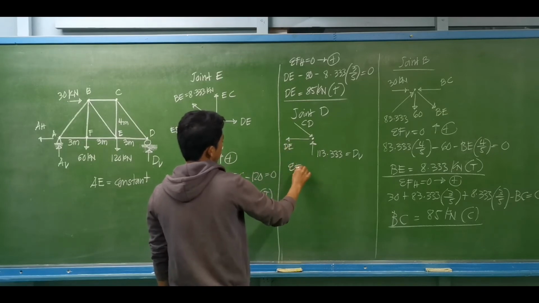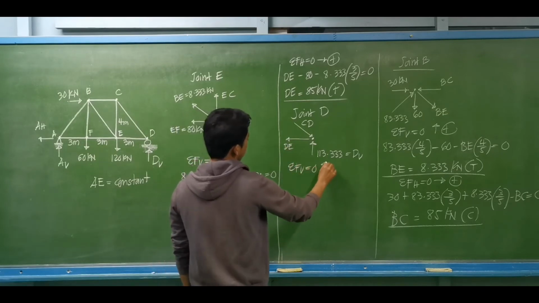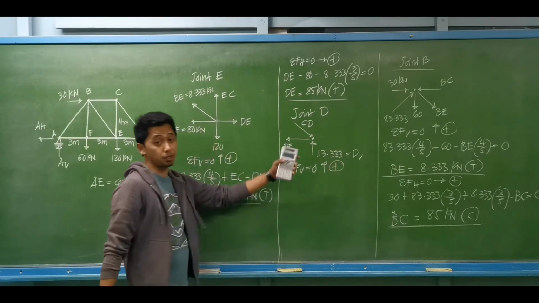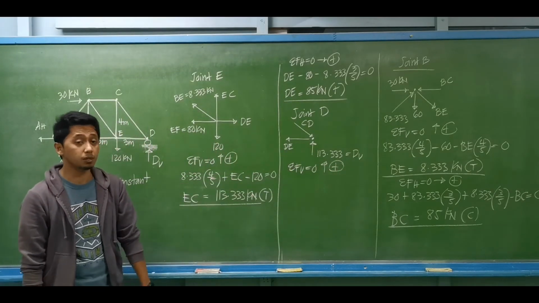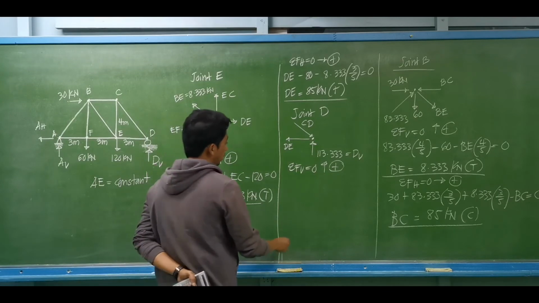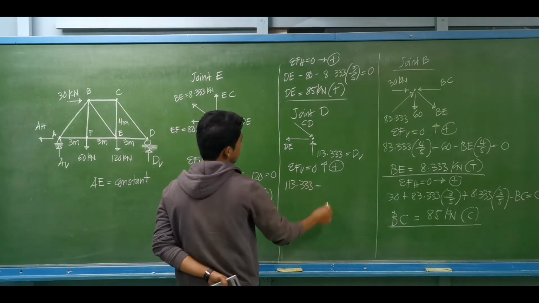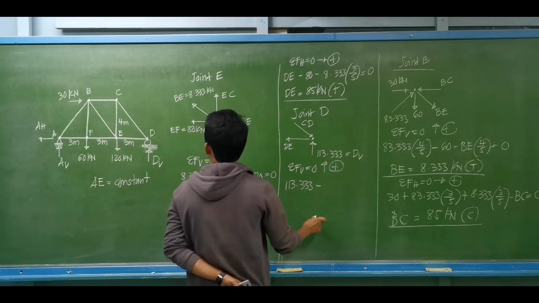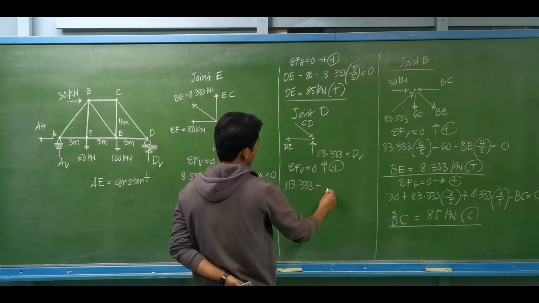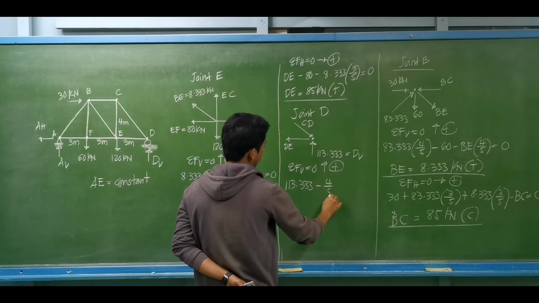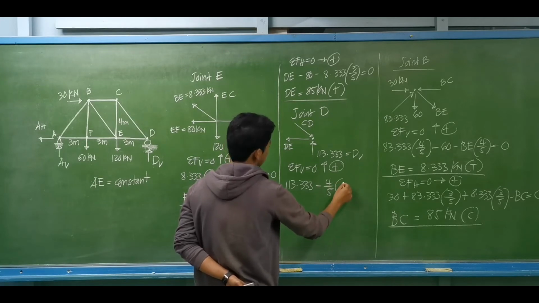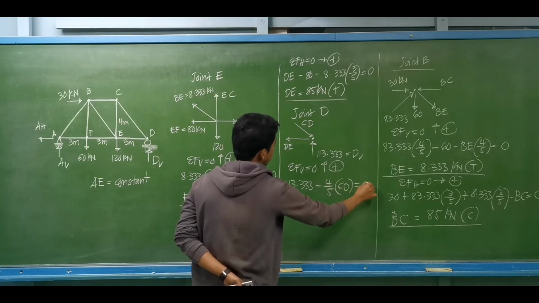So this is by summation of forces, vertical equal to 0, upward forces to be positive. So we have earlier the support reaction, 113.333, this is minus the axial force for CD, vertical component, which is 4/5 of member CD, equal to 0.